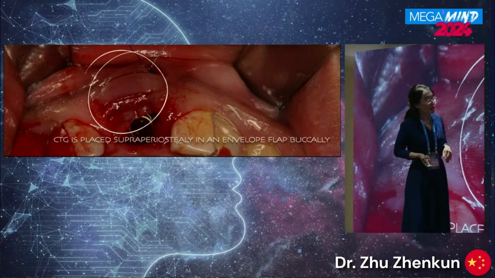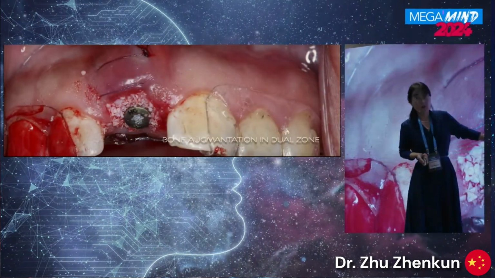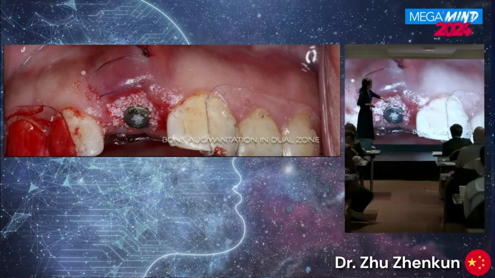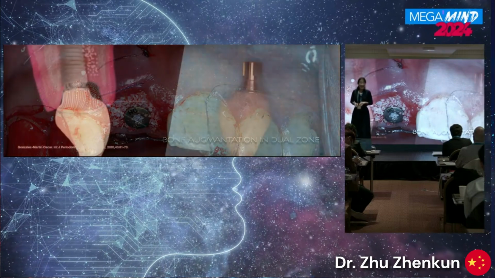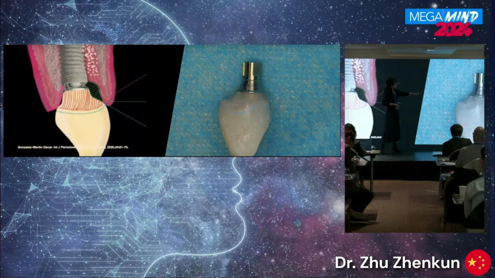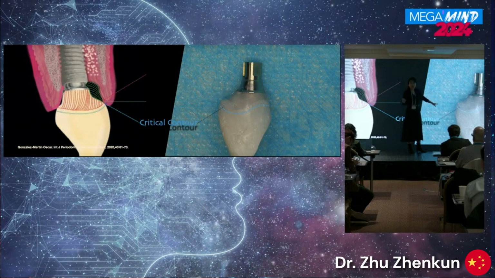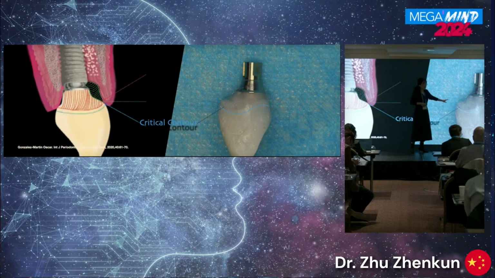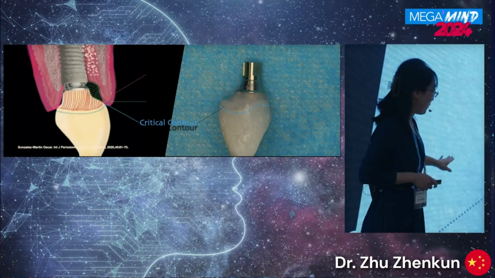The next step, we put some bone particles, biomaterials, inside the bone contour and under the mucosa margin. Here is the immediate restoration. As we mentioned in the last presentation, there are two distinct areas that can be identified.